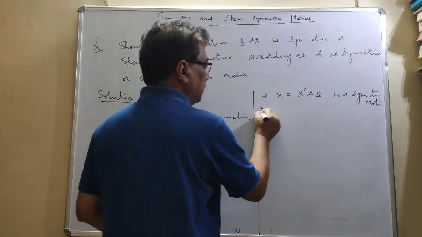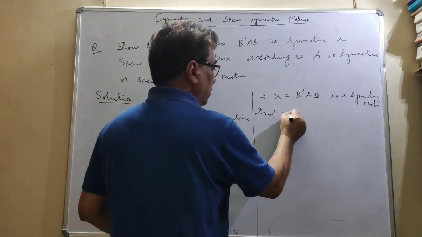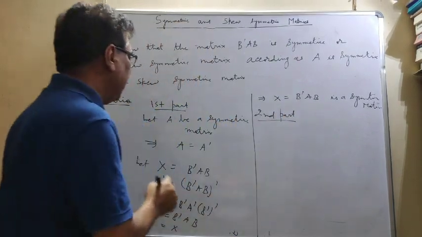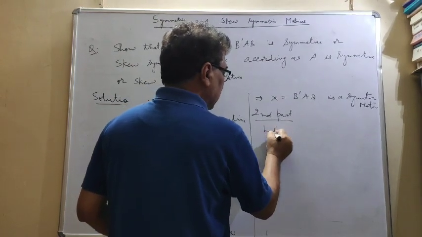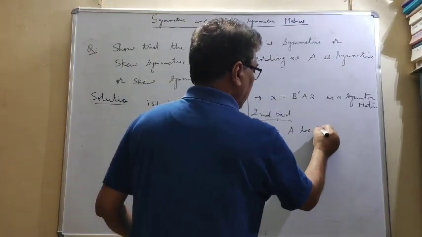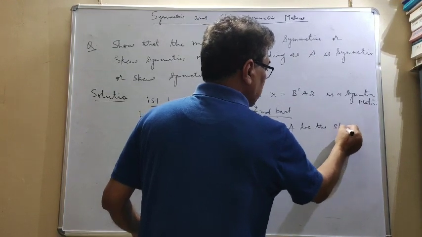Now the second part. In the second part, we'll take A as a skew symmetric matrix. This will be given. Let A be the skew symmetric matrix.